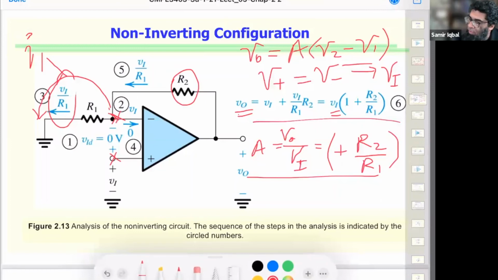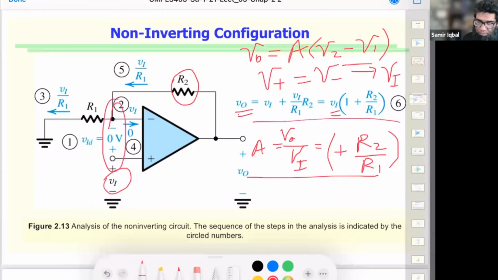If Vi goes up, let me clean it up a little bit. Now if this goes up, the differential signal goes up. VID will go up. And that means our output will go up, right?